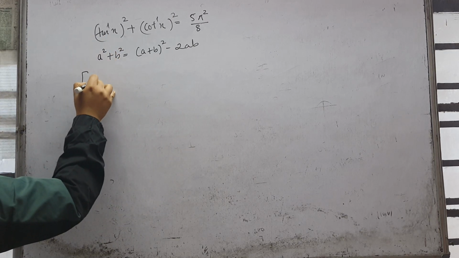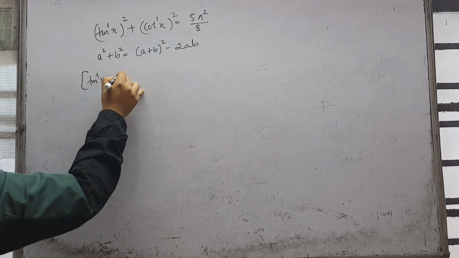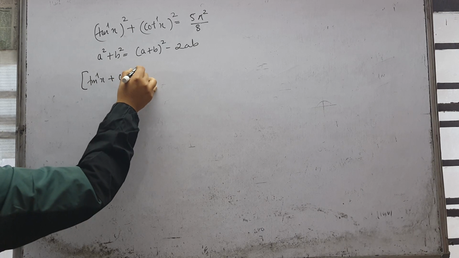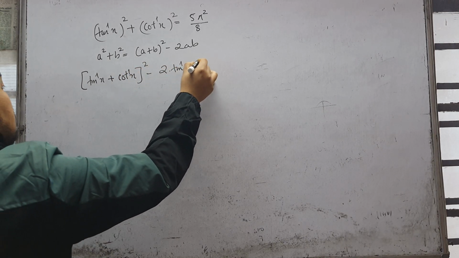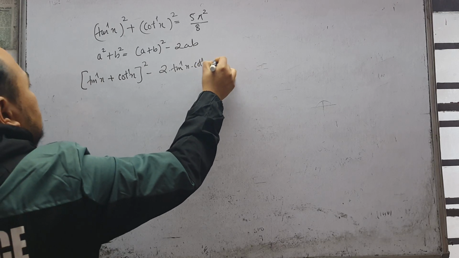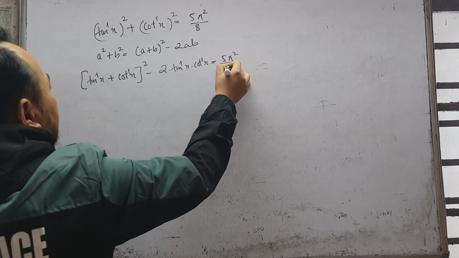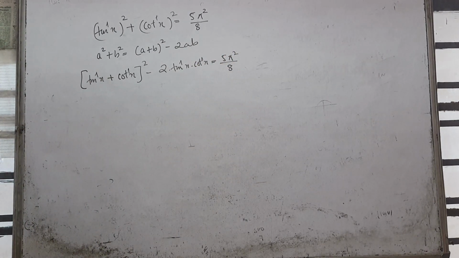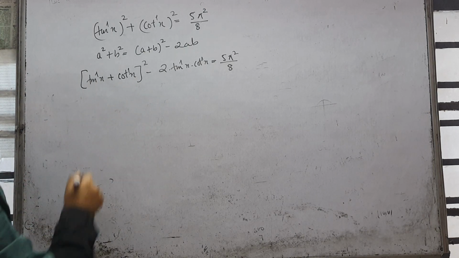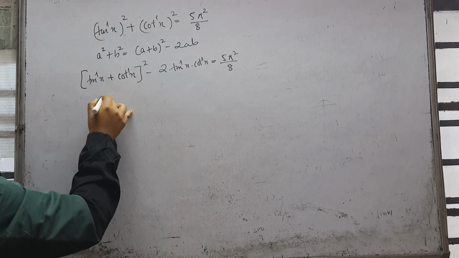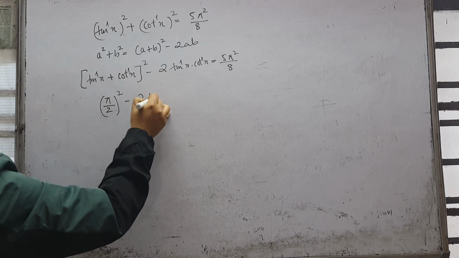Tan inverse x plus cot inverse x whole square minus 2 tan inverse x into cot inverse x equal to 5 pi square by 8. Is it clear, everyone? Now, what is tan inverse x plus cot inverse x? Very good. Pi by 2 whole square minus 2.